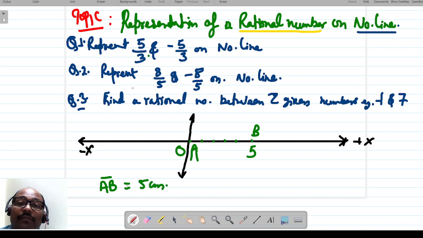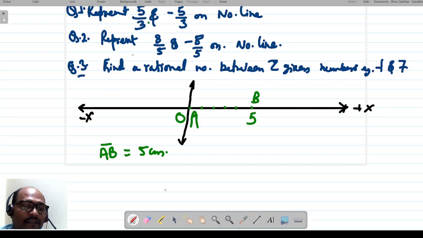Now step 2 which we will take care of is to divide this 5 into 3 equal parts. Why? Because we need to represent 5 by 3 and minus 5 by 3. So just divide 5 into 3 equal parts. We can do it like this: 5 by 3 plus 5 by 3 plus 5 by 3.